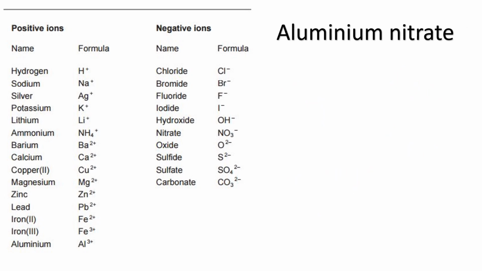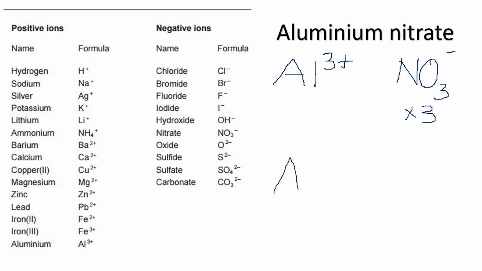Aluminium nitrate is going to work in a pretty similar way. Aluminium is Al3+. The nitrate ion is NO3 1-. So you're going to need 3 of these. I can't be bothered to draw them out 3 times. Let's just write times 3.